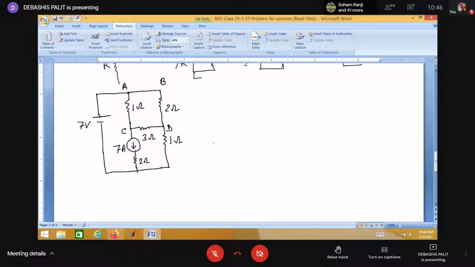So first of all, if I solve this circuit, I have to convert this current source into a voltage source, but I cannot directly convert it because the current source has no parallel resistance. So I can rather redraw the circuit as an equivalent circuit. I am keeping the voltage source the same, that is a 7-volt source, and there is a resistance.